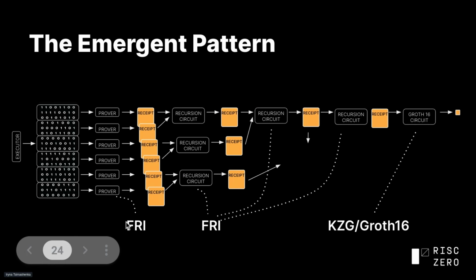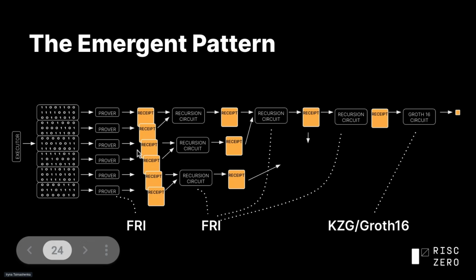I also want to come back to the recursion that we use. Here you see that we split our execution trace into several segments, and we prove each of these segments, right? Because of the continuations that are available now, we prove each of these segments in parallel.